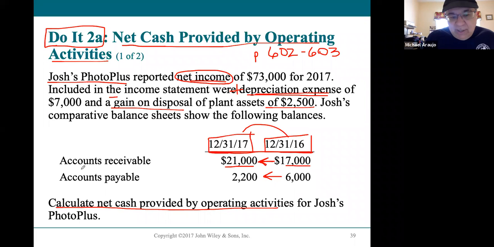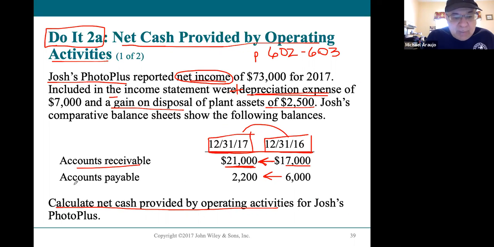The question would be, with the increase of accounts receivable, does that mean that it cost us cash or it saved us cash in this case? Well, any increase in a current asset means basically it cost us. And so we would take that away.